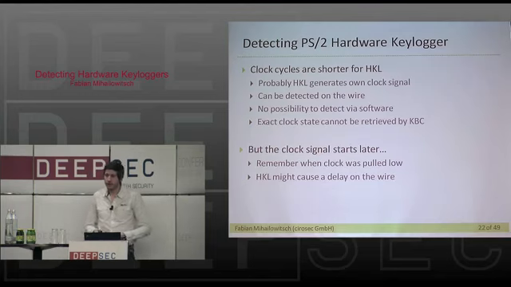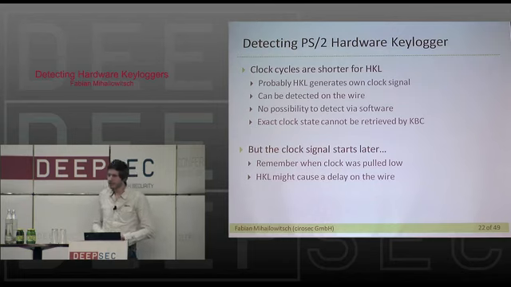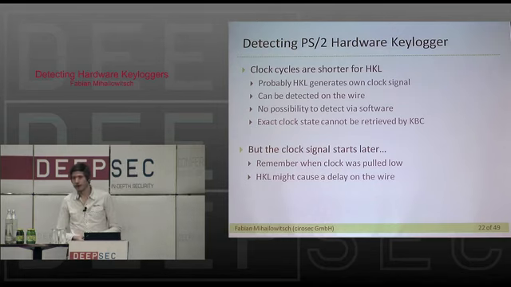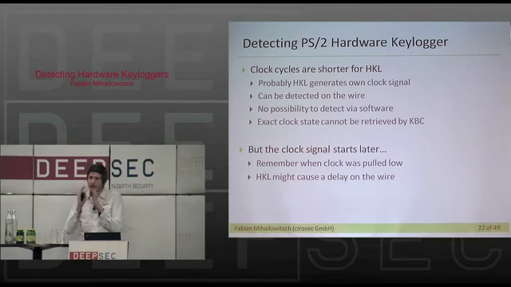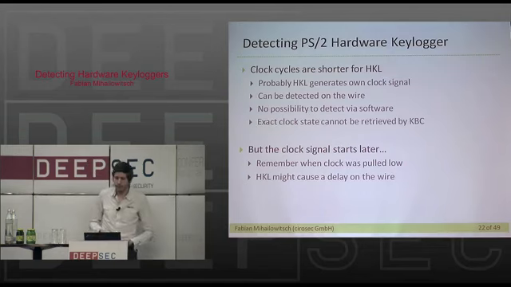I just showed you it. The problem is, you can't detect it via software. The keyboard controller that is actually used has the possibility to check the clock state, but it isn't accurate enough during a transfer. You can't ask that accurately what the current clock state is to determine that clock cycles are shorter. So you can't do that measurement in software.